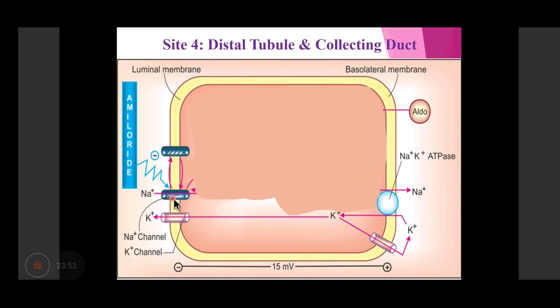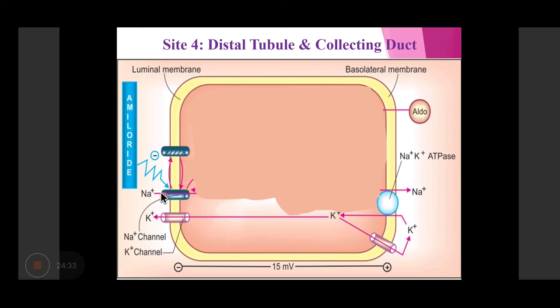Another name is aldosterone sensitive sodium channel, simply because the insertion of these channels is controlled by the mineralocorticoid aldosterone. So at site 4, the sodium moves in, and on the basolateral aspect, there is the sodium potassium ATPase pump, which will extrude sodium into the ECF.